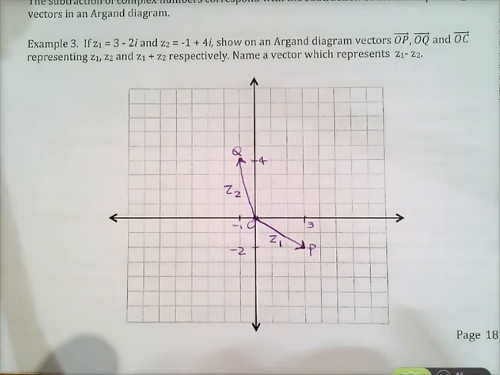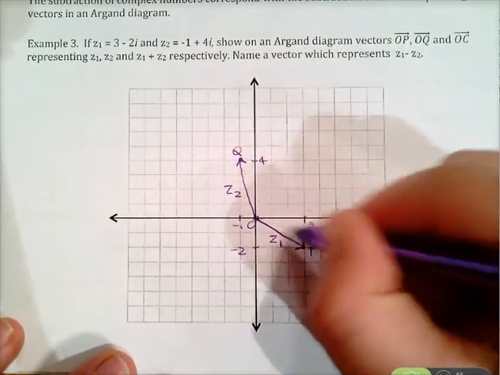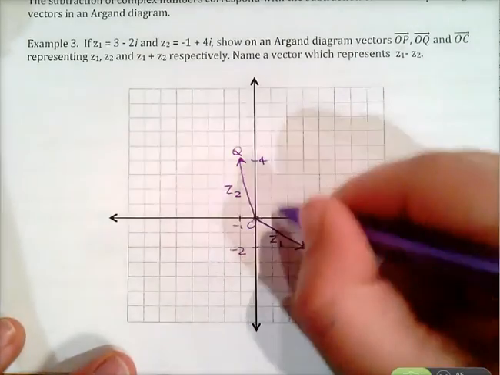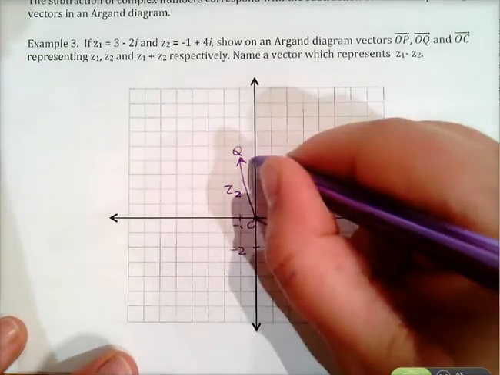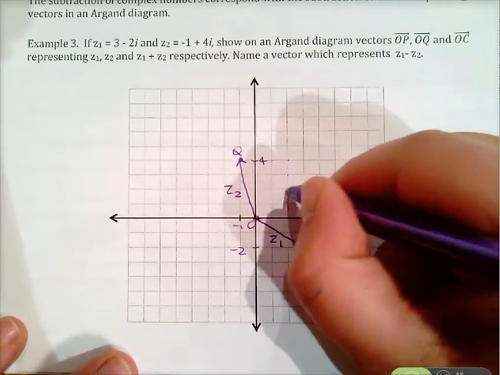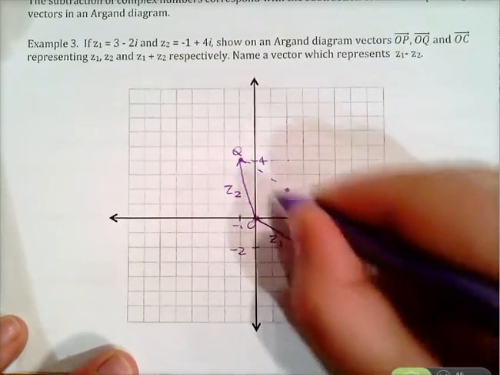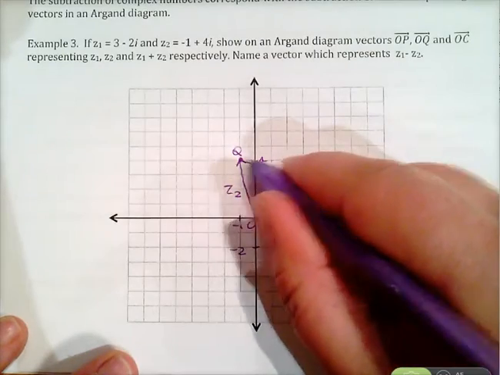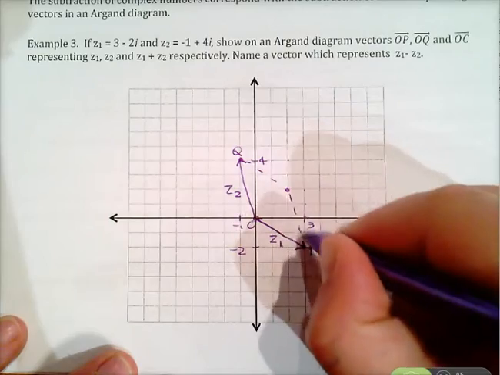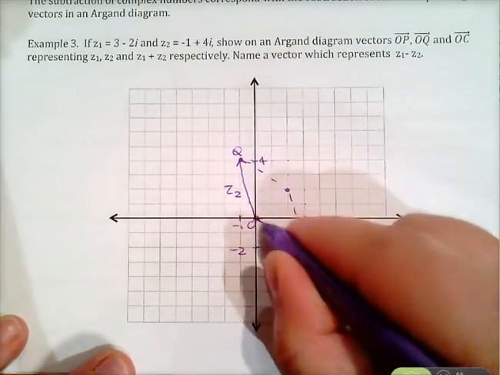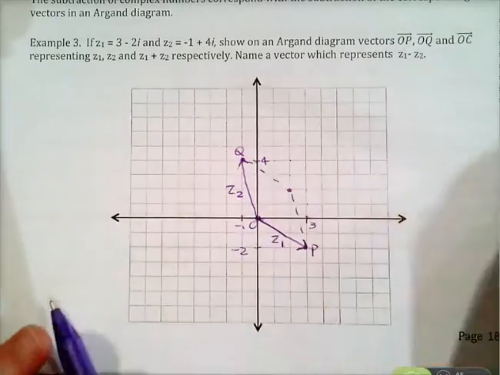So we can either use the parallelogram method or the tail to tip method. I'll use the parallelogram method, so I need to draw up a parallelogram, and it looks like across 3 down 2, just to get this angle correct. And here up 4 across 1, yes, that's correct. So there's my parallelogram. I have an arrow out like that, an arrow like that, and here is my resulting vector.